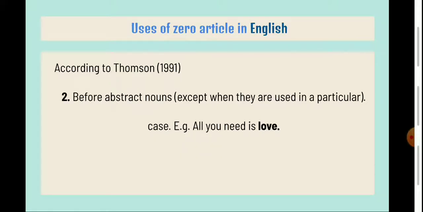We do not use articles before abstract nouns except when they are used in a particular context. For example, all you need is love. Here we're talking in general about abstract nouns in general.